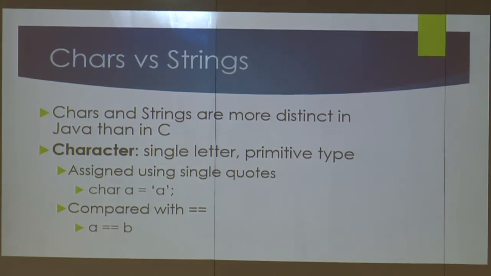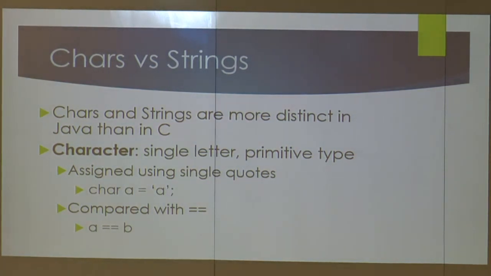In a language like C, a character is a primitive type. The primitive types are things like ints, floats, and doubles, the most basic variable types, whereas a string is a more advanced type. A character is just a single letter.